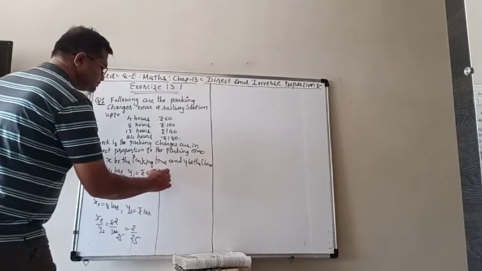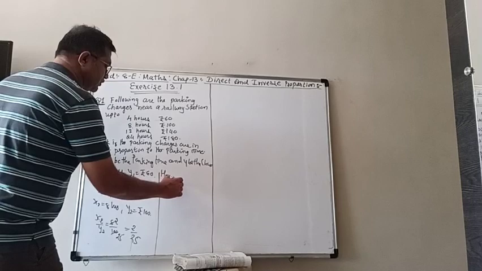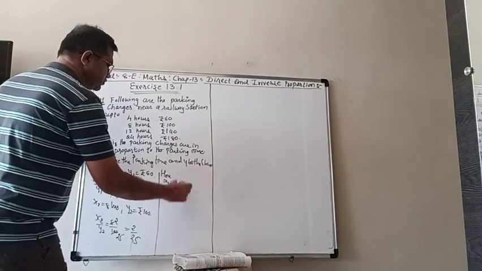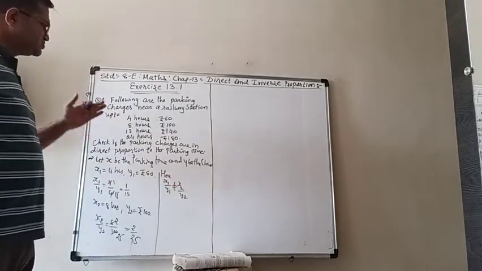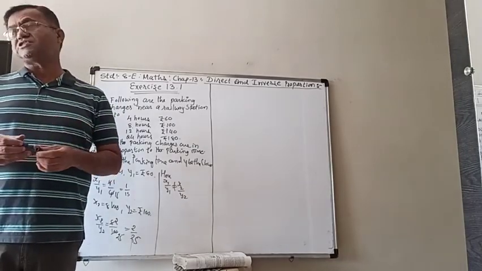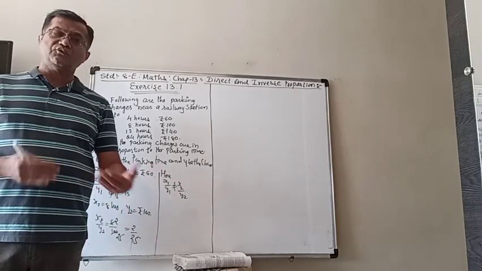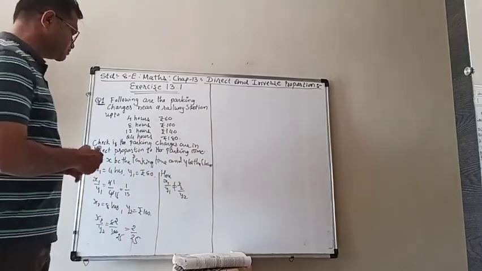So here X1 upon Y1 is not equal to X2 upon Y2. If they were equal, we would have to check for the third and fourth also. But here the first two ratios are not equal. So it is not necessary to go for the third and fourth ratio.